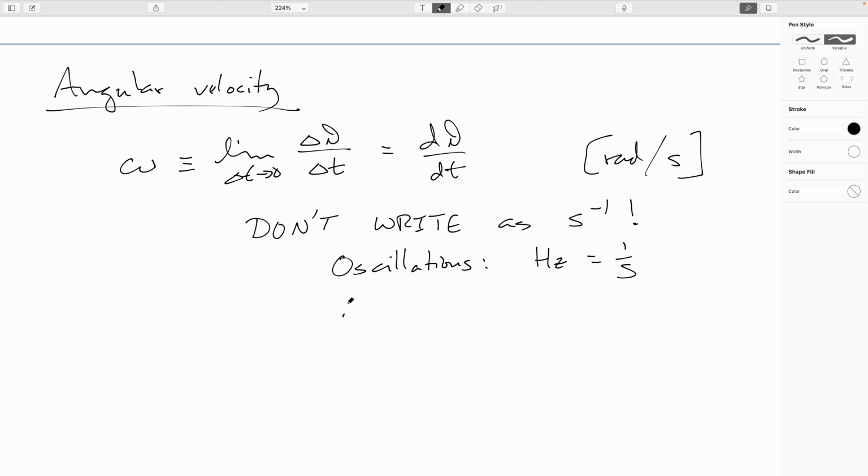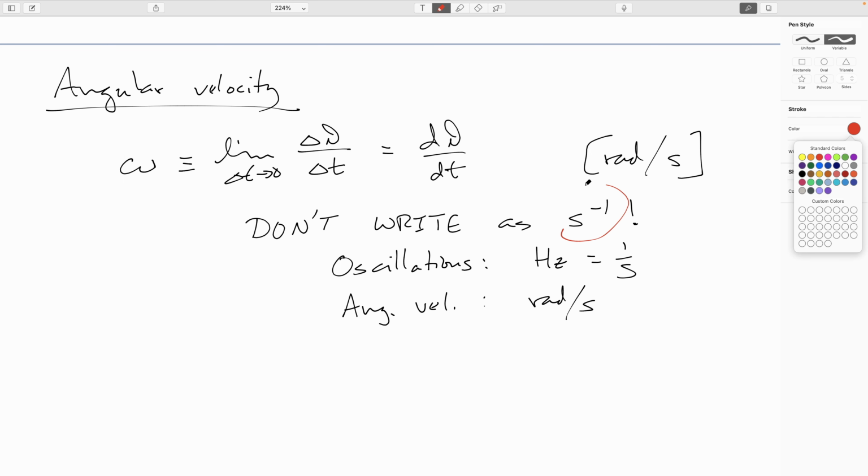And for angular velocity, we always write radians per second, and we never write seconds to the -1 for either situation. And that's just in order to keep them straight.